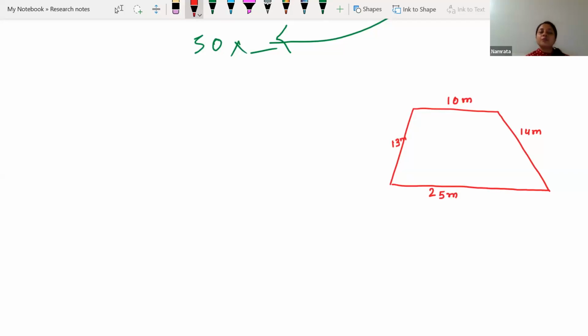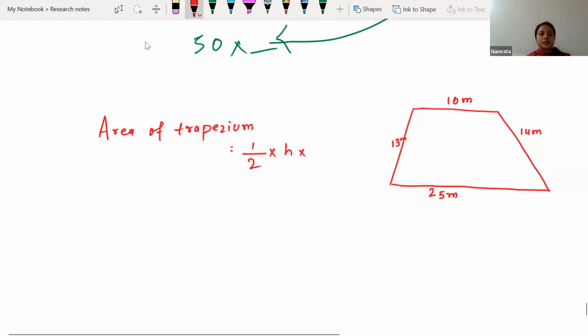Now what is the formula for area of the trapezium? Anyone? 1/2 times? Into height? Only height? Sum of parallel sides into height? Yes or no? Yes, ma'am. Let's write it.